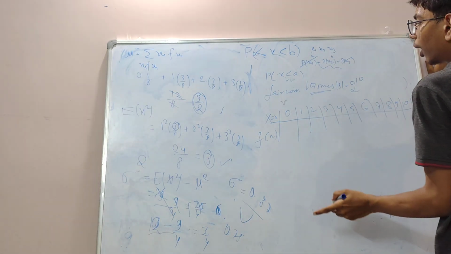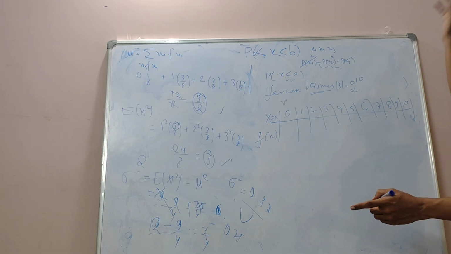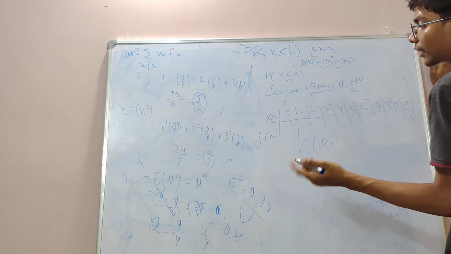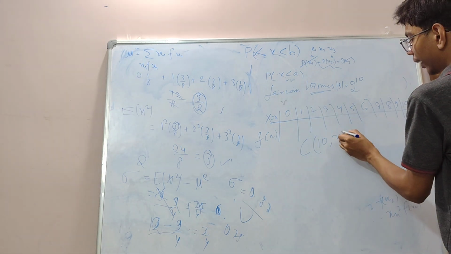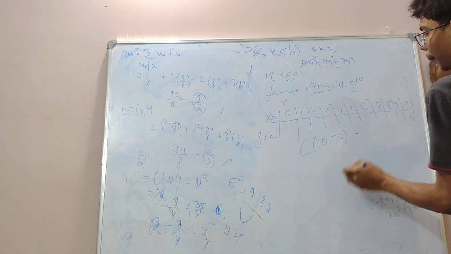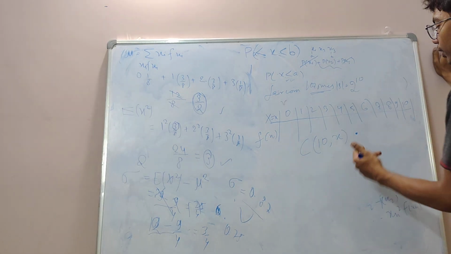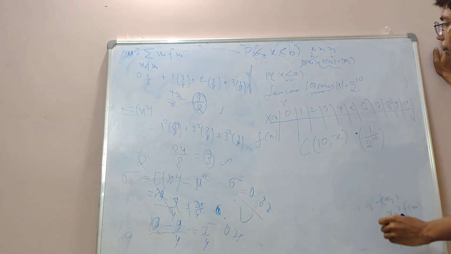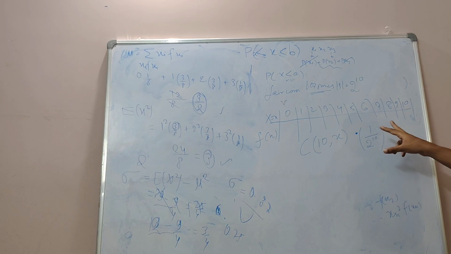And my probability will be what? Out of those 10 tosses, I will choose x number of times I got head, and this all happened with a probability of 1 by 2 to the power 10, because it is 1 by the complete sample space.